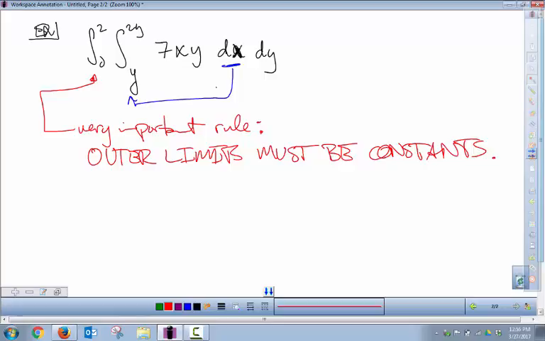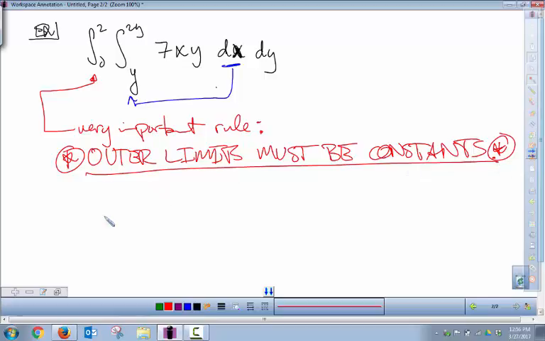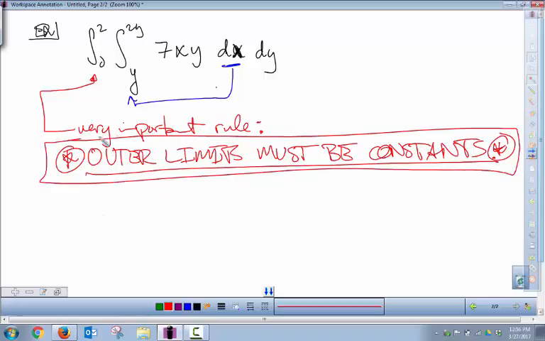And if you just switch it, then you would have taken something with respect to y without the y being there. I put this in bold because I think it's really, really important. I underlined it and put a box around it, and I put stars around it because I think it's really, really super important. And I don't ever, ever want you to make this mistake on the test. Okay? Is that clear? Yeah.